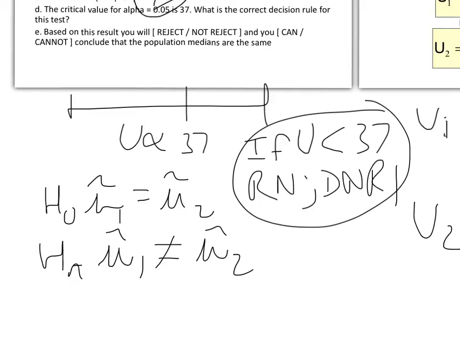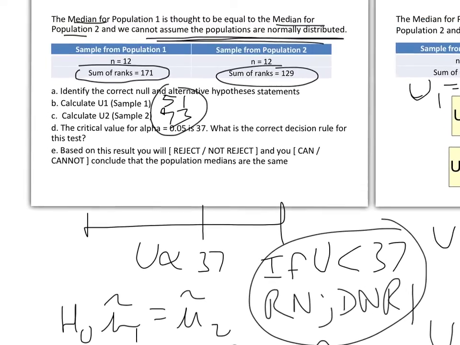So those are our statements, and our decision rule is here. And you might be wondering, which of the two U values do I use? In a two-tailed test, you will use the smaller of the two. So in this case, 51 is the smaller of our two values.